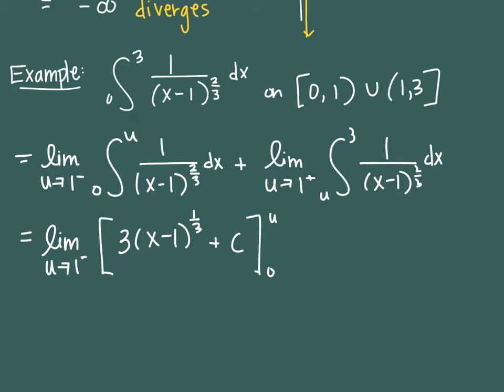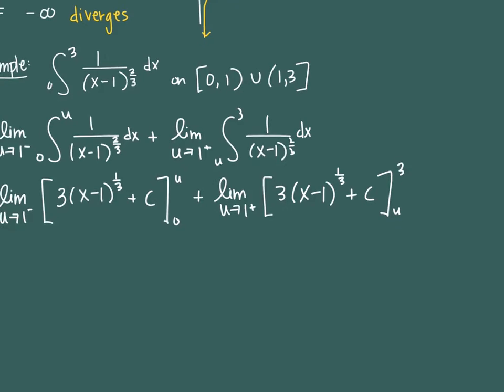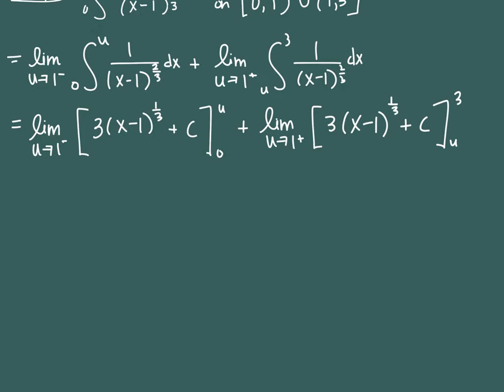That one going from 0 to u, and then we have the same exact thing on the safe side of 1, which is the positive side, and we have 3 times (x minus 1) to the 1/3 plus c, going from u to 3. And then we'll plug in our bounds, and then we'll evaluate our limits.